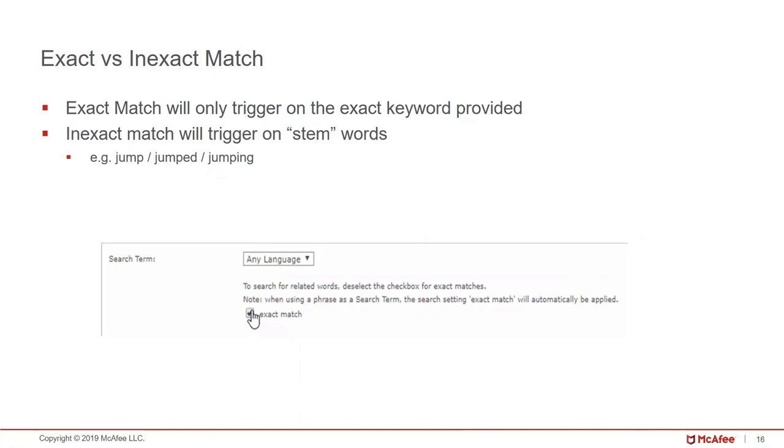If we unselect that option, we will be able to find what are known as stem words, a stem word being like a past tense or plural version of the root word that you put in there. So jump, jumped, jumping, or jumps, we would be able to find if we unselect exact match. There's no right or wrong way to use this. It's solely dependent on what type of information you're looking for. But if you're looking for an exact term, that does need to be selected.